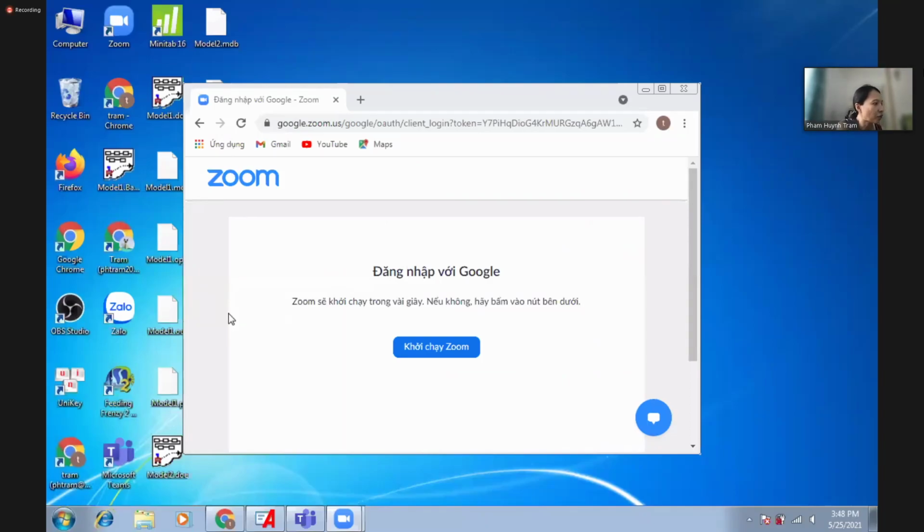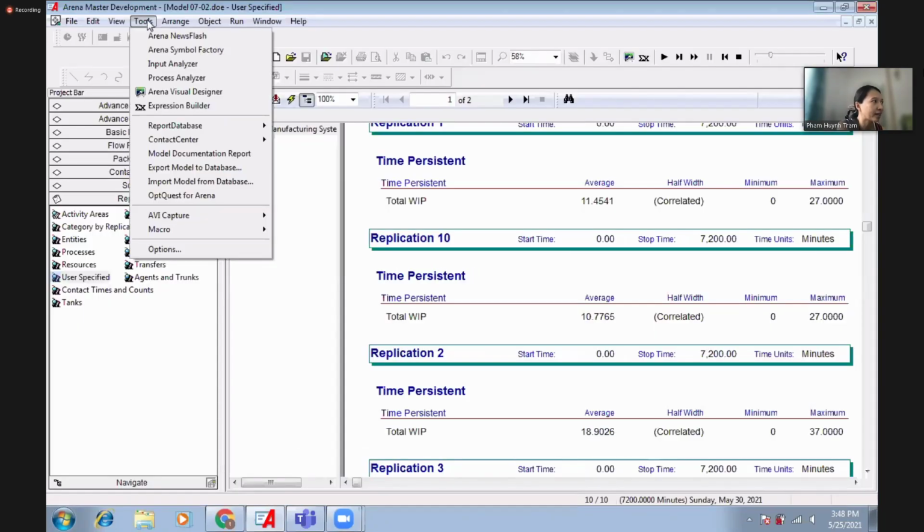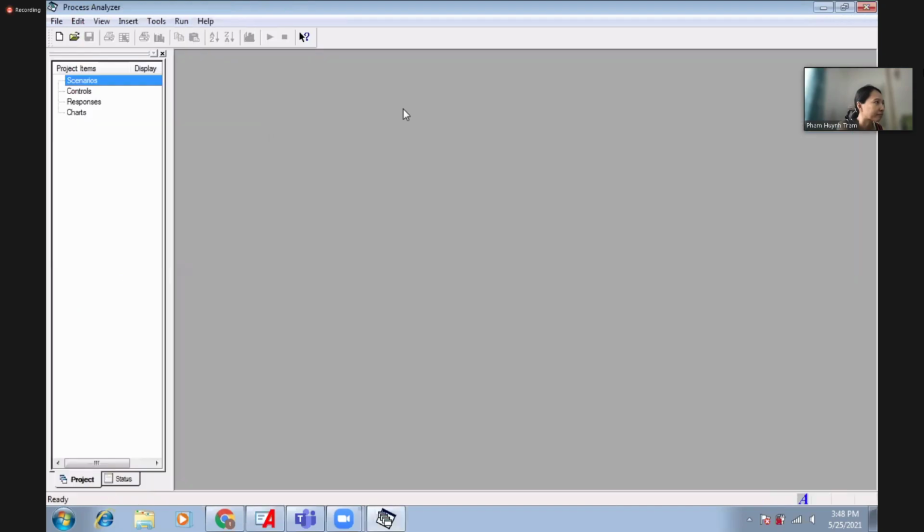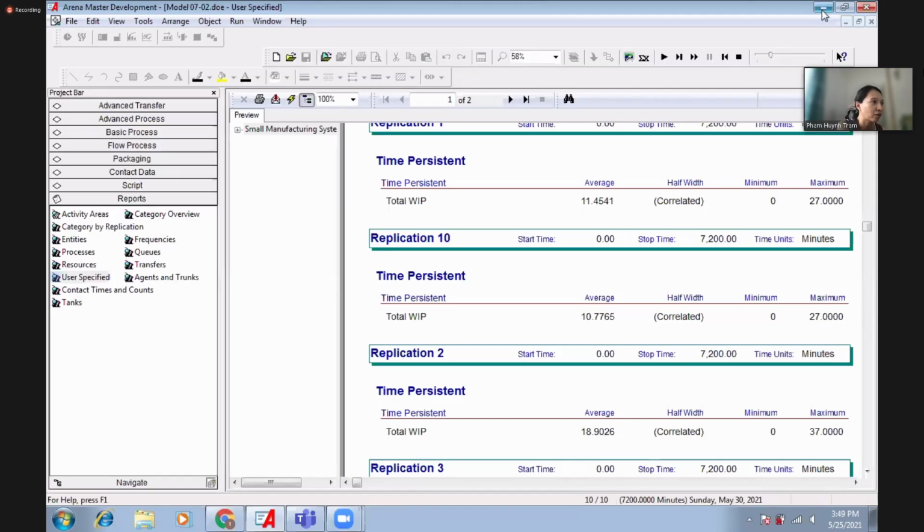In order to open the Output Analyzer, it is not available here. Here you can only find the Input Analyzer and the Process Analyzer. If you want the Output Analyzer, you have to go outside.